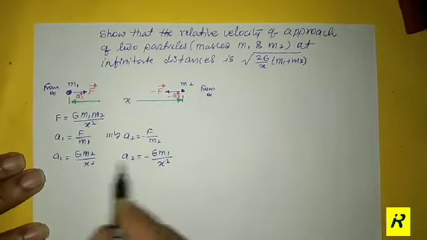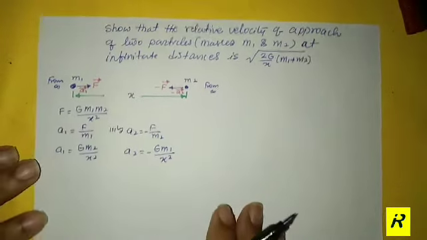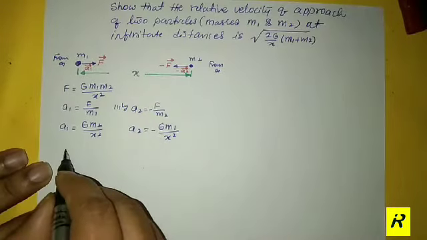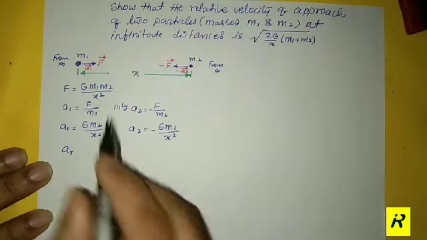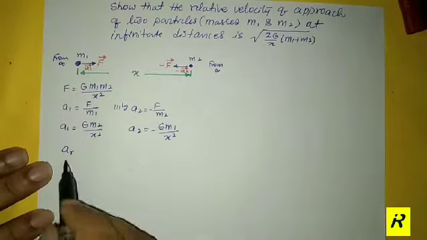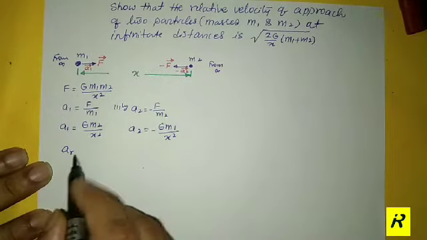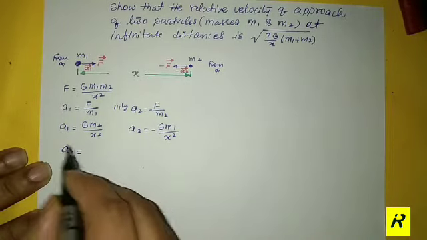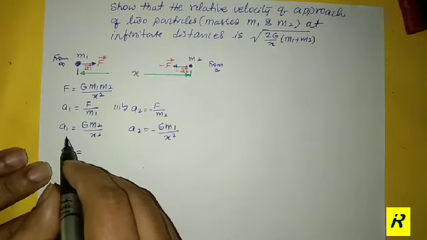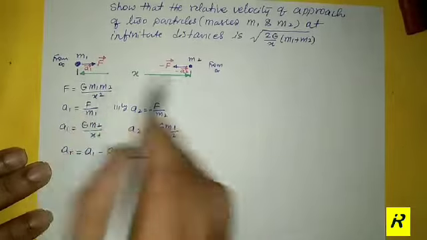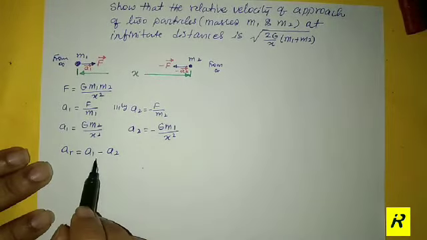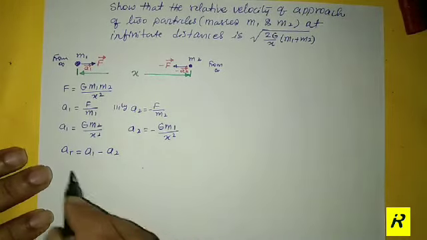Considering all these things, the relative acceleration of these two particles is ar, which is equal to, I am finding the first with respect to second, a1 minus a2, because those two particles are approaching, so we have to consider a negative sign.